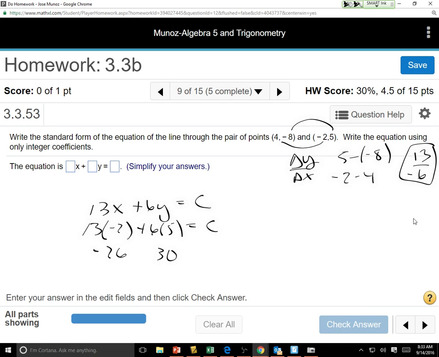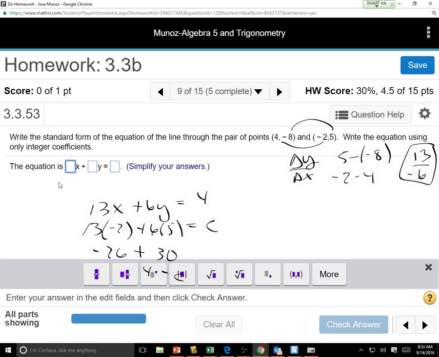This is negative 26, right? So c is 4. So now I have it. I just got to switch this c out for a 4. And if I did everything correctly, it should be good. So 13 here, tab over 6, tab 4.